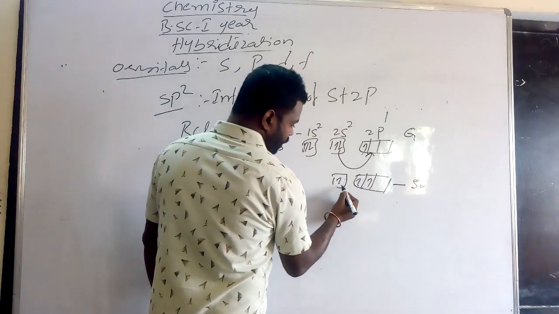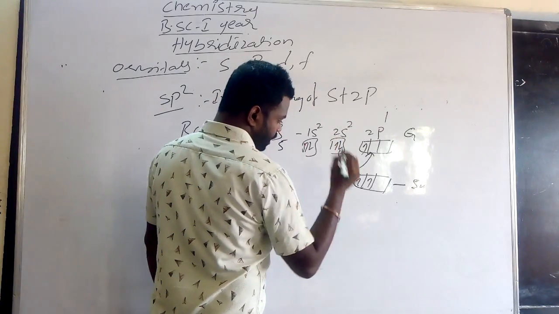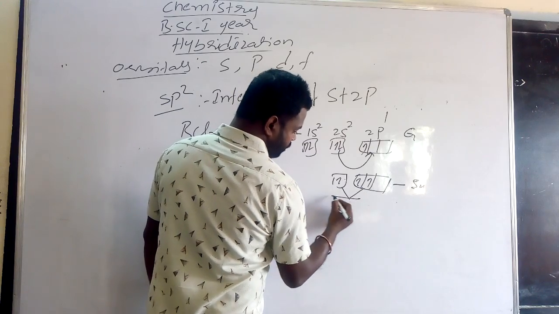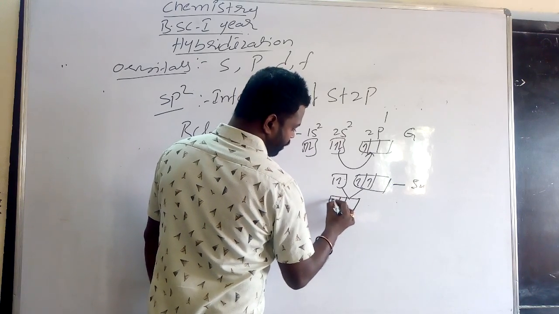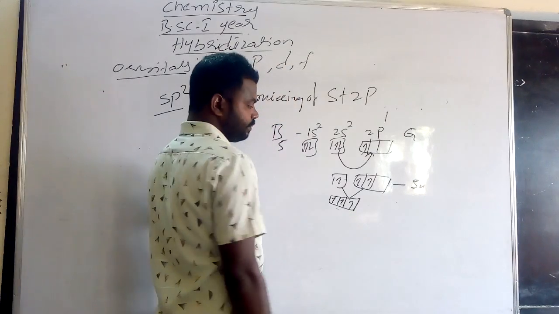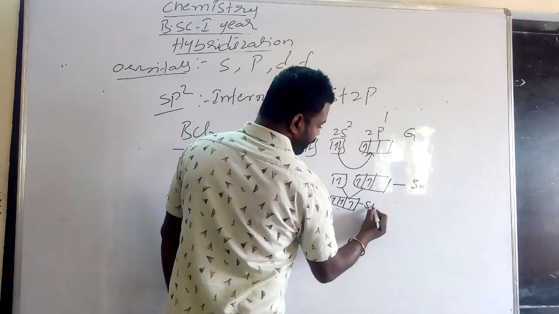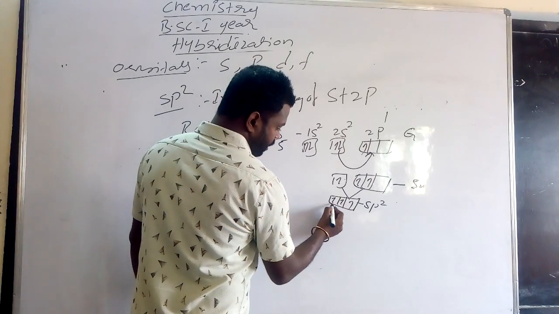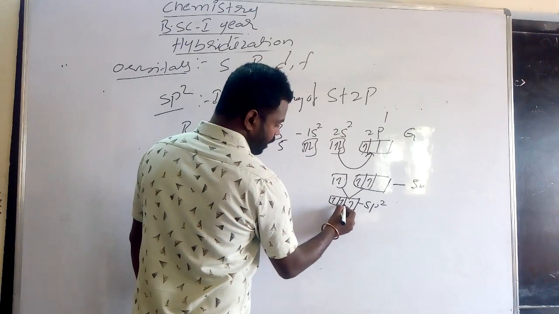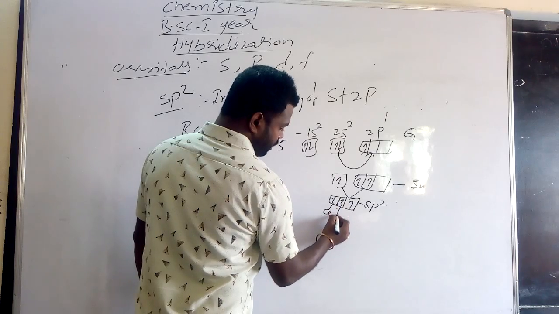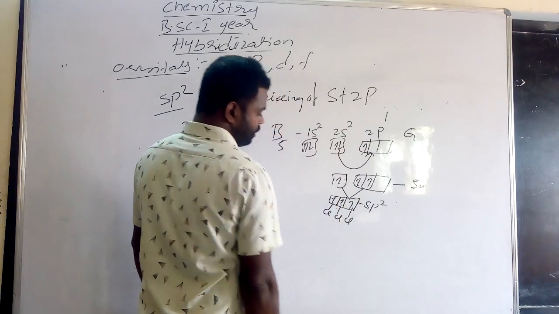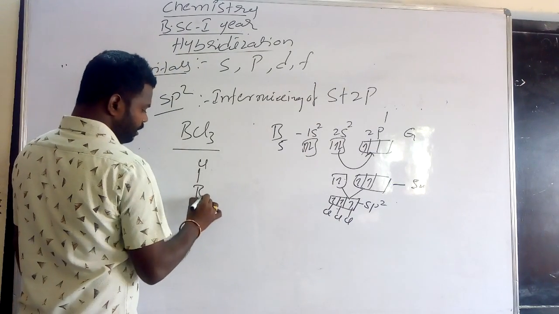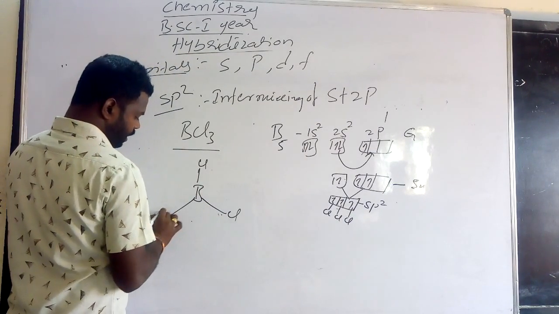Now sp2 hybridization: intermixing of one s orbital and two p orbitals, combined to give sp2 hybrid orbitals. These three unpaired electrons react with three different chlorines, giving BCl3, boron trichloride.